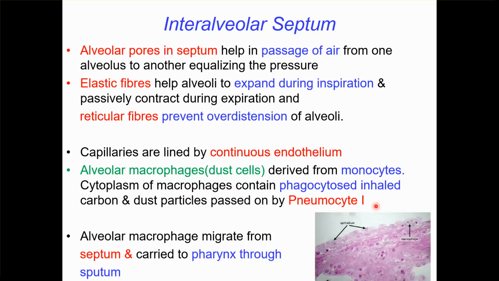What happens is the air which is taken inside along with the dust particles and the carbon particles will be passed on to pneumocyte 1, and then from pneumocyte 1 it will go into the alveolar macrophages, which are present in the interalveolar septum. Further, the alveolar macrophage will migrate from the septum and be carried to the pharynx through the sputum.